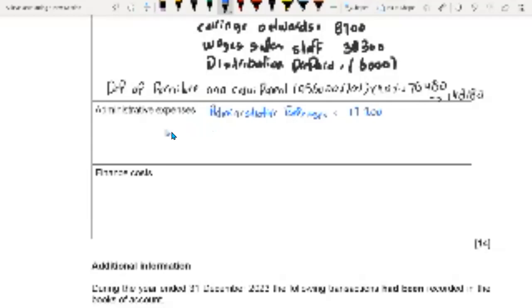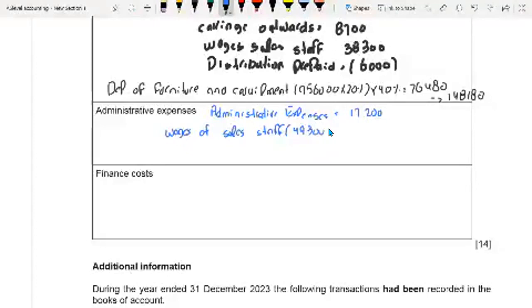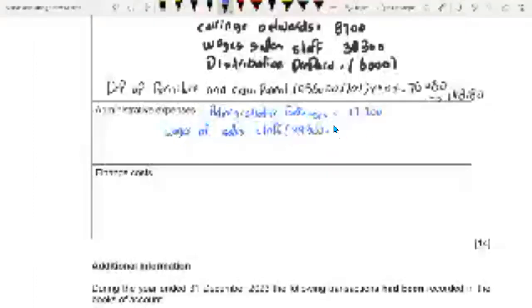And we have wages, which is 49,300 in the trial balance, plus the accrued 5,800, and this is 55,100. And we have the depreciation.